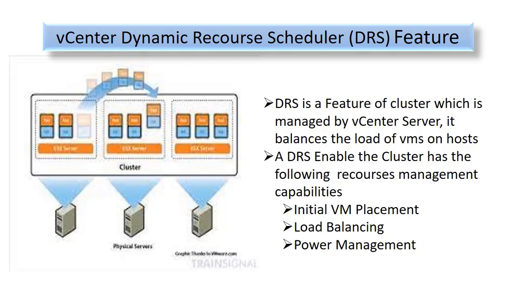The second feature which vCenter offers is the Distributed Resource Scheduler feature. What does the Distributed Resource Scheduler mean? It means that if a host in a cluster is overloaded, then its virtual machines move to another host which is not overloaded or which has enough resources.